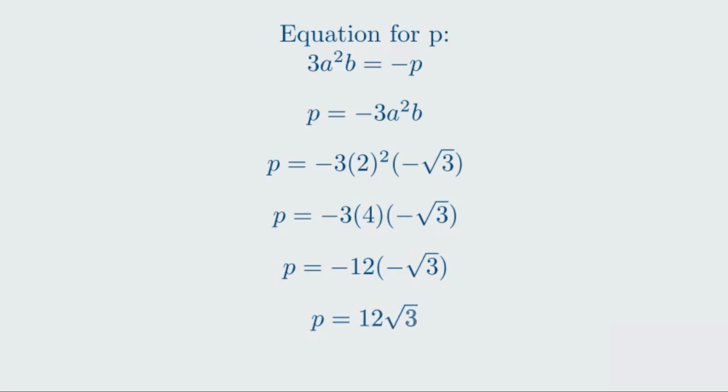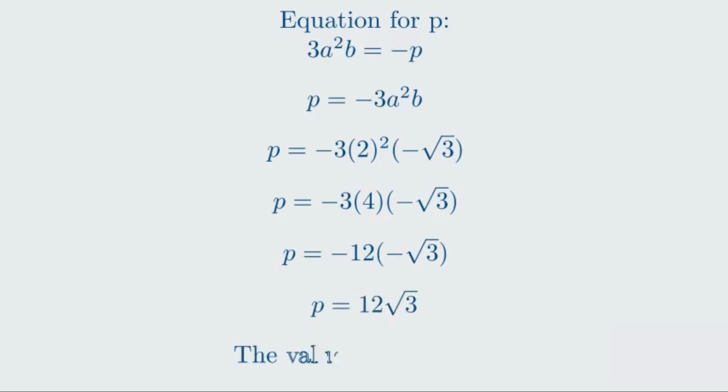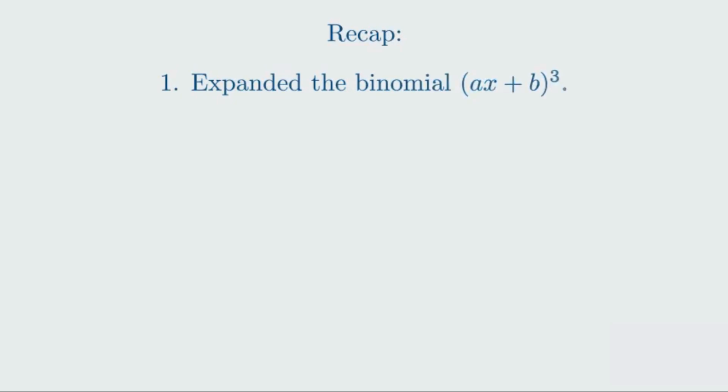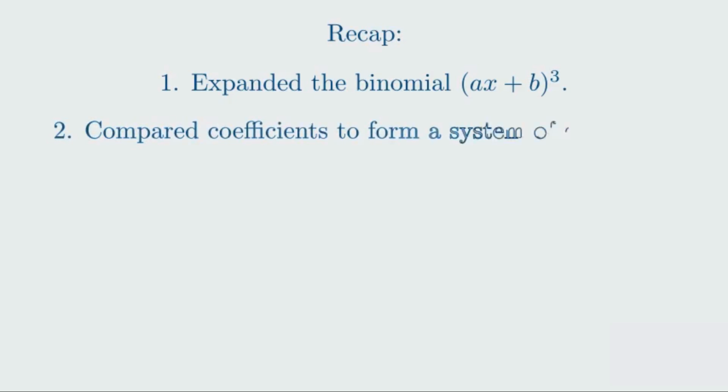Let's quickly recap what we did to solve this problem. First, we expanded the binomial on the left side of the equation using the formula for cubing a binomial. Second, we compared the coefficients of our expanded form with the coefficients of the given polynomial, setting them equal to create a system of equations. Third, we solved for the constants a and b by using the simpler equations from our system.